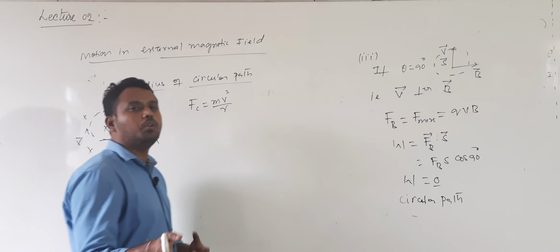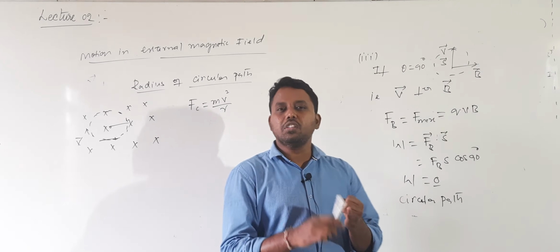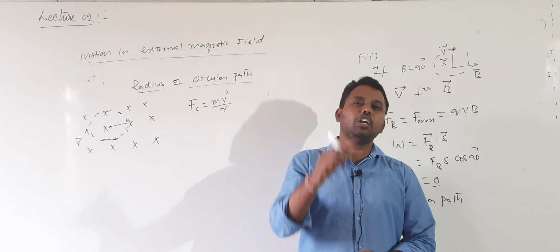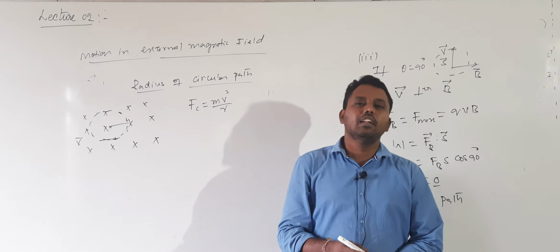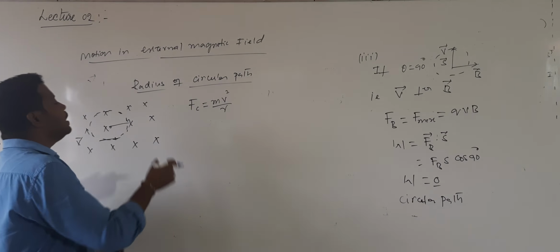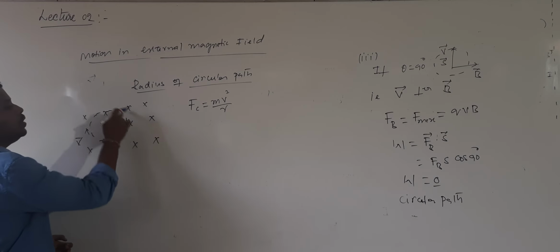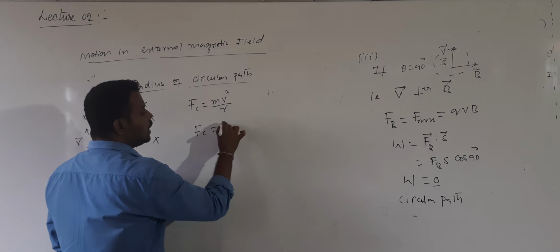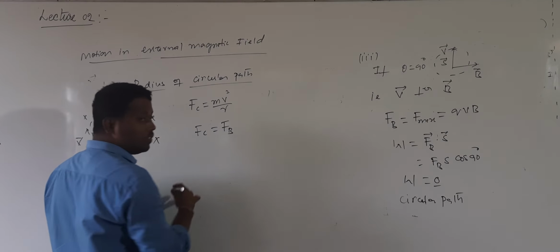For an electron to move in a circular path, the electrostatic force provides the necessary centripetal force. For a planet to move around the sun, the gravitational force provides the necessary centripetal force. Similarly, for the particle to move in a circular path, which force will provide the centripetal force? The magnetic force will provide the centripetal force.